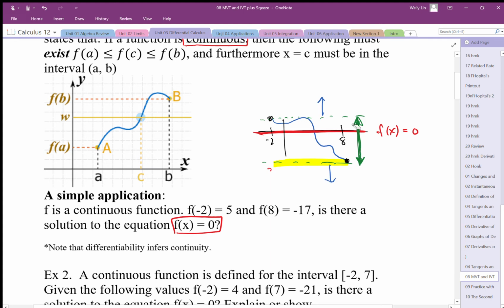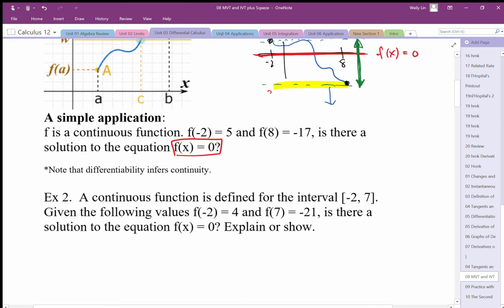But between these two y coordinates, between these two f of x values here and here, we know that all these f of x values in between must exist, and furthermore, they must exist inside this x bound. Okay, so that's what the intermediate value theorem is.